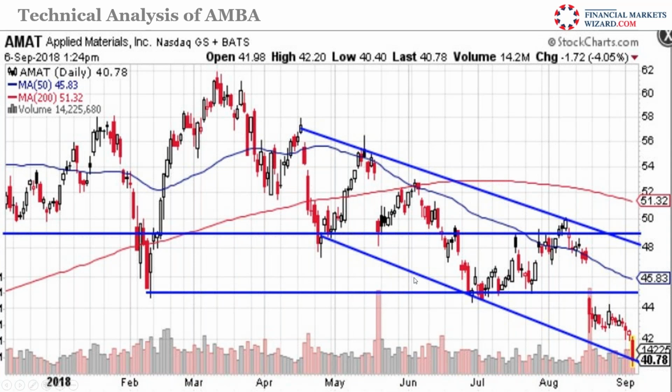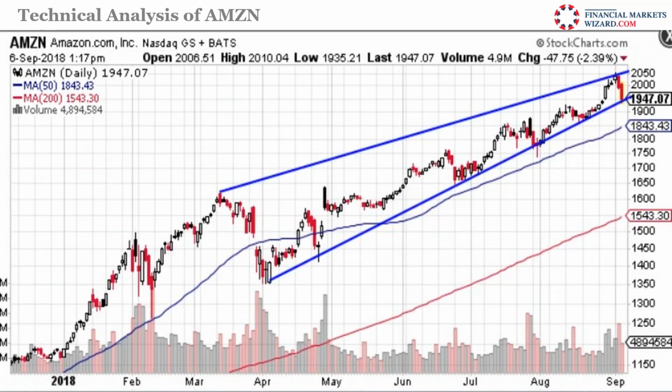So it's bearish, but it doesn't mean that it cannot go up. I don't know what happened on the 7th of September, but this was a setup where I see that the stock is just sitting here at the 40.78 support.